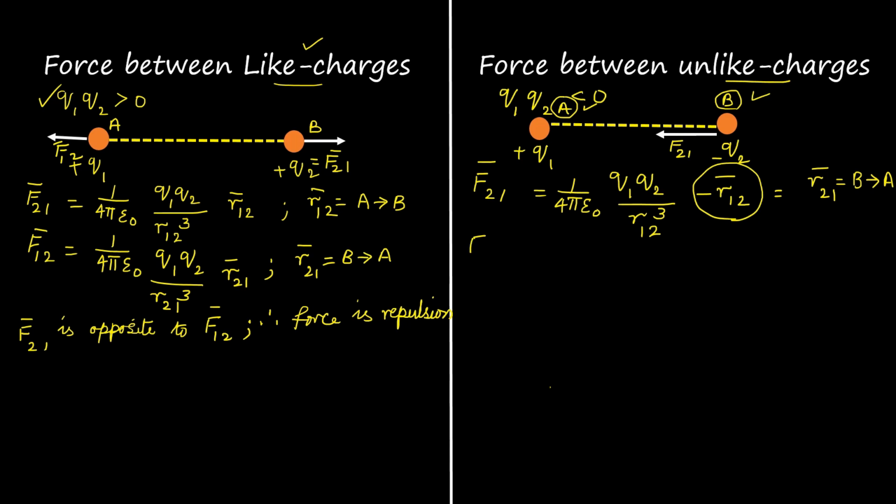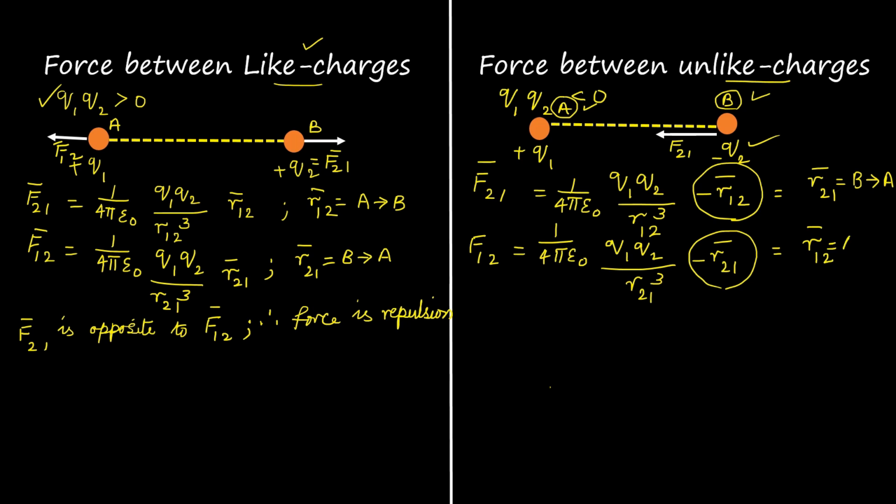Now F12 is equal to 1 by 4 pi epsilon naught Q1 Q2 by R21 raised to 3 into negative vector R21, because one of the charges is negative. The direction negative vector R21 is nothing but positive vector R12, which is from A to B. Note its direction represented in the diagram.